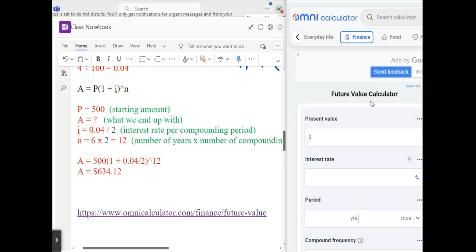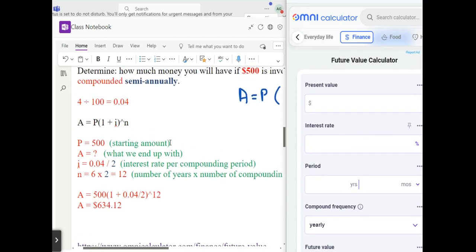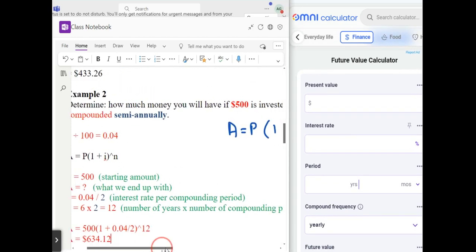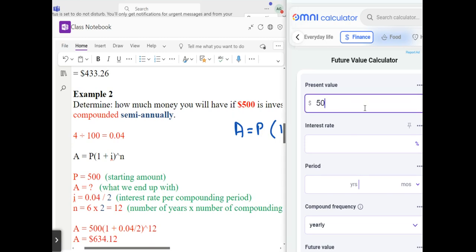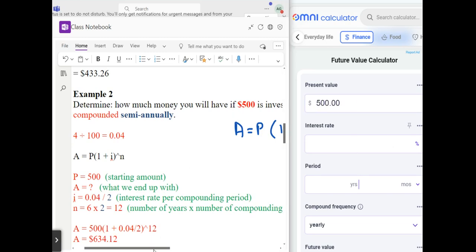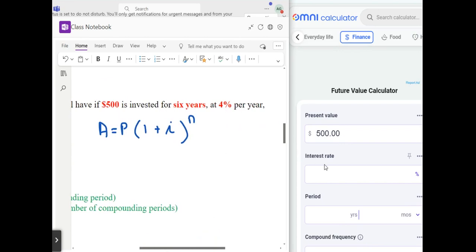So here, this is a future value calculator for this kind of question. And it's going to ask you the same kind of questions here. So we can copy most of our information from over here. So the present value, how much we start with, will be $500. The interest rate in this case, we can see is 4.